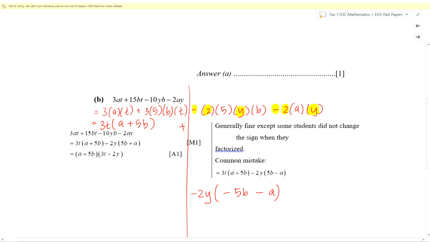Then we are left with positive 5 times b plus a. No more negative, so it becomes plus a. So now we compare a plus 5b, a plus 5b. Now they are the same, and I can factorize them out again.